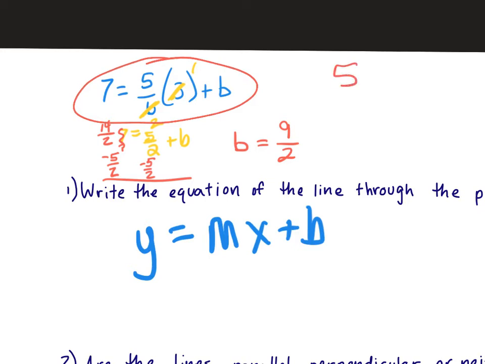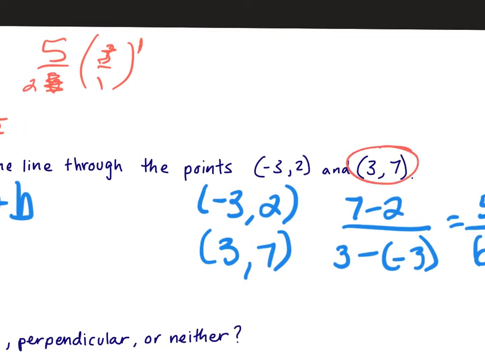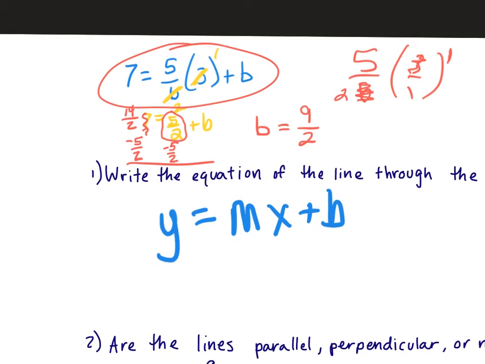When you multiply 5 over 6 times 3 over 1, this crosses out and becomes a 2, this crosses out and becomes a 1, so I'm left with 5 halves. Yeah, but why did you use a 7? Because I used this point. I plugged that in for my y and my x so I could find the intercept. You pick one of those points. Either one will give you the same intercept.